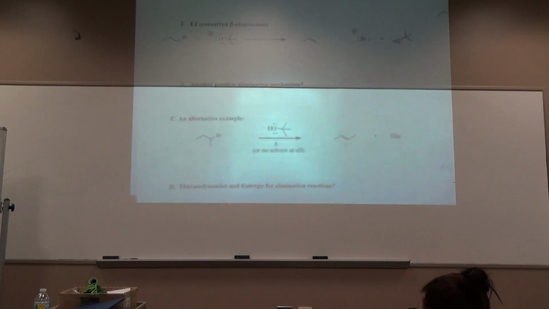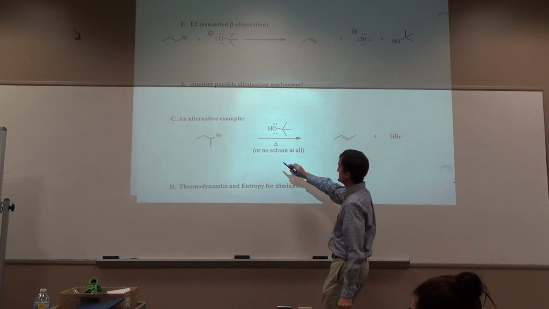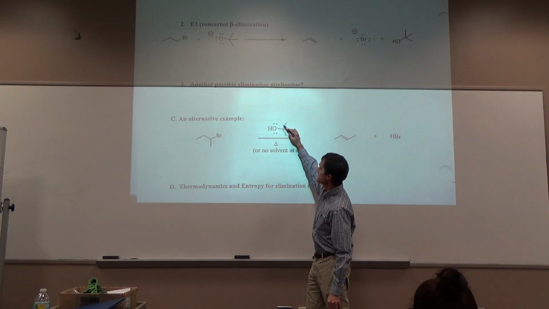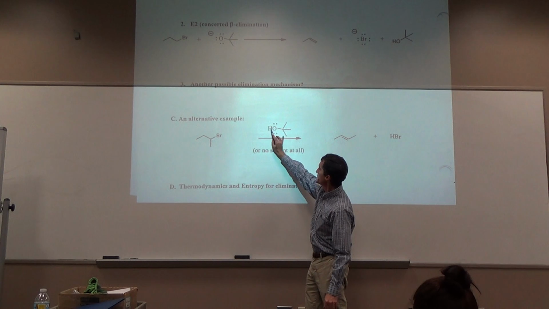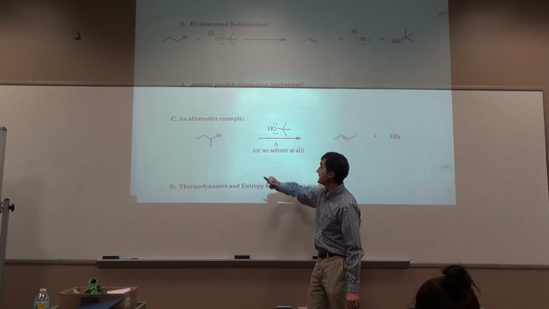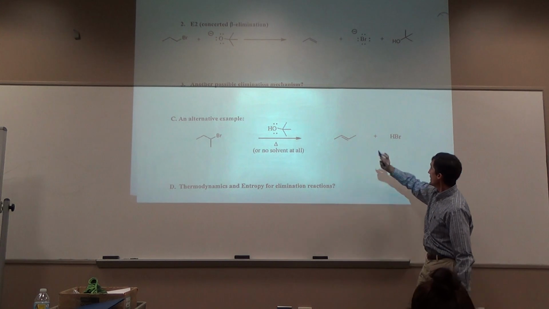An alternative example. If we take this here and heat it in just t-butanol, which can be considered a solvent, neutral, or no solvent at all, just heat this guy, you get that product plus HBr.